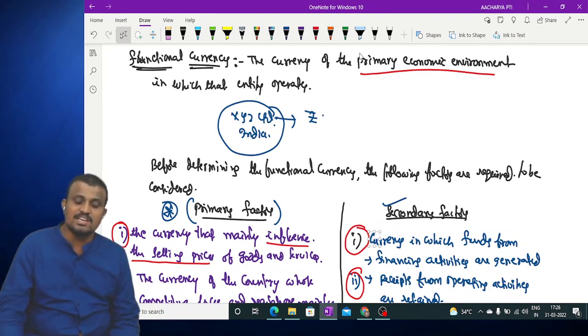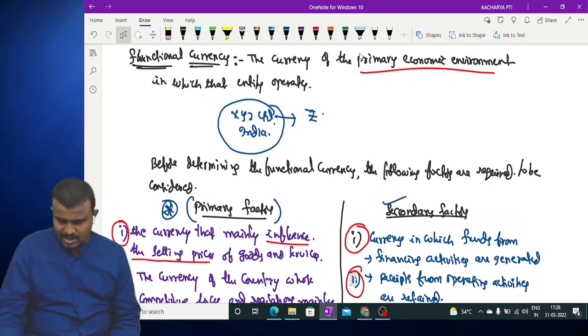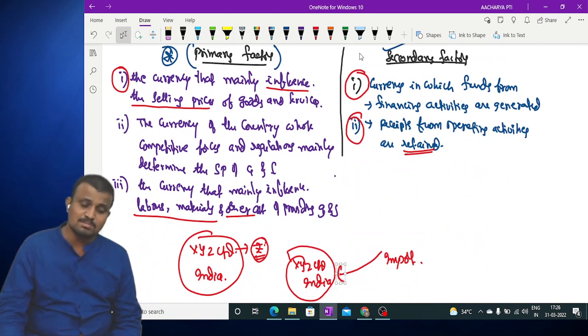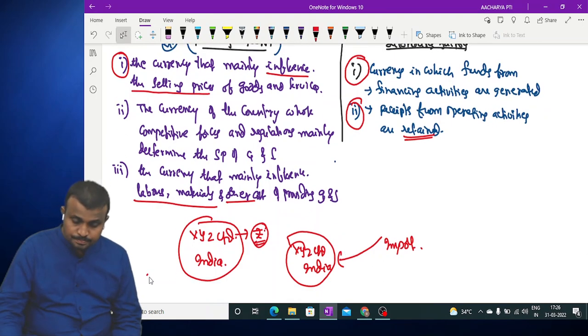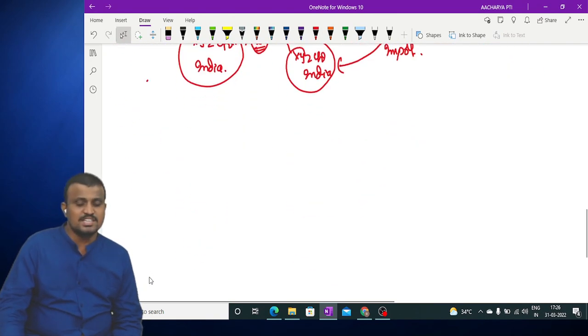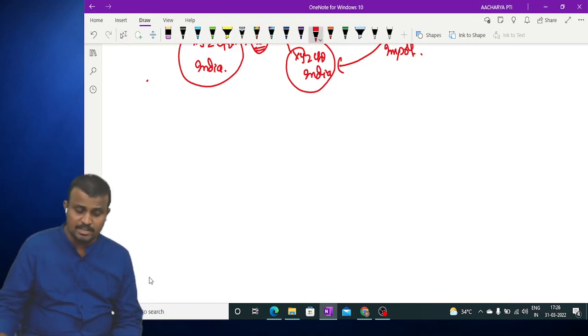For determining the functional currency, we have to consider two factors, primary factors and secondary factors. But the secondary factors are considered only if the primary factors are not useful for concluding the functional currency. So these are the definitions relating to some items.